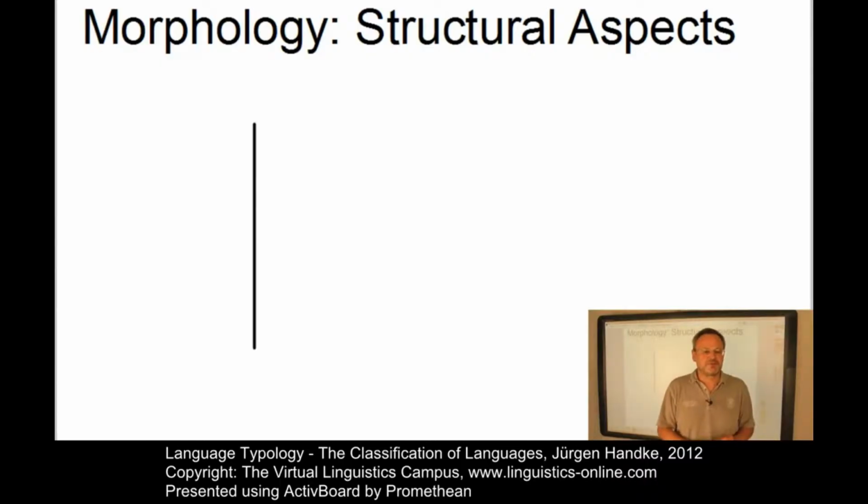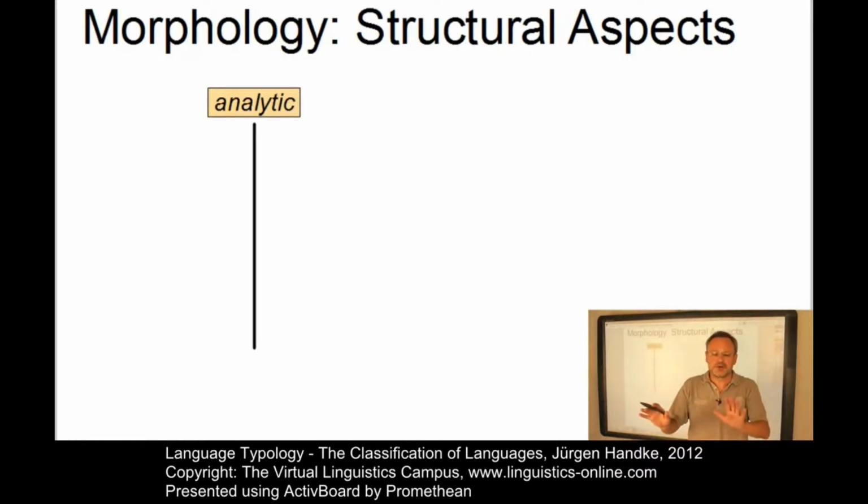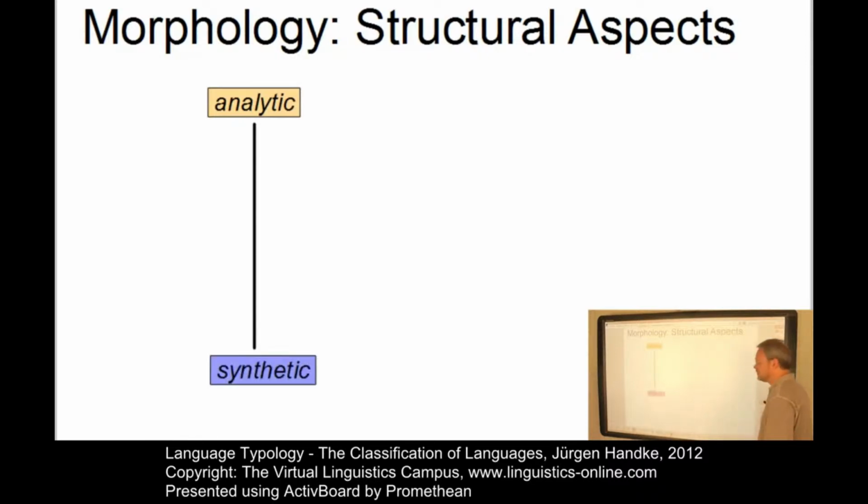At one extreme of this continuum, we find so-called analytic or isolating languages, whose words have little or no internal structure. At the other extreme, we have synthetic languages, which do allow the analysis of their words into smaller parts or morphs. Let us look at these two extremes in more detail.